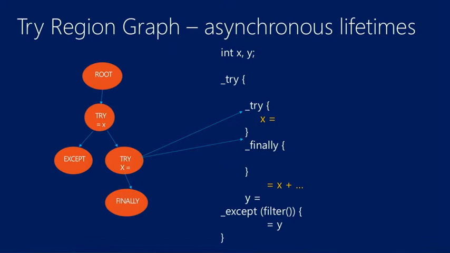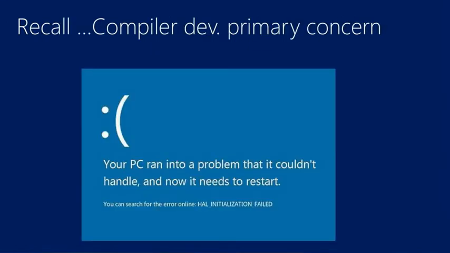So we've come up with a paradigm to allow us to model asynchronous lifetimes in the presence of exception handling in order for us to do stack packing, and it really, really matters in system code. But we have to get it right all the time. So we can't really take a lot of chances, and once we had the algorithm, to get rid of every single bug, I would say it took at least another 6 months of just baking. We call it bake time, to make sure that it had been stressed and we trusted it, and that's on by default in the compiler.